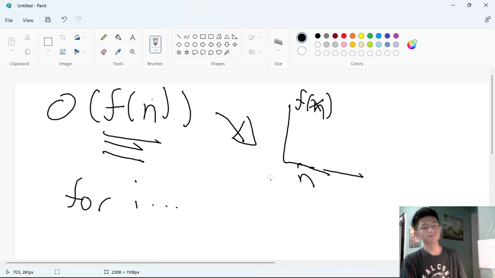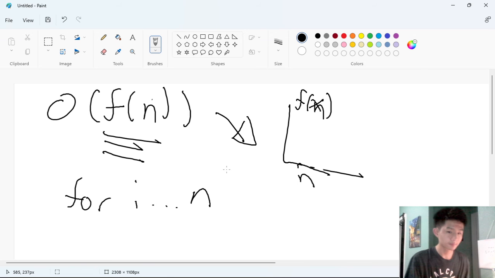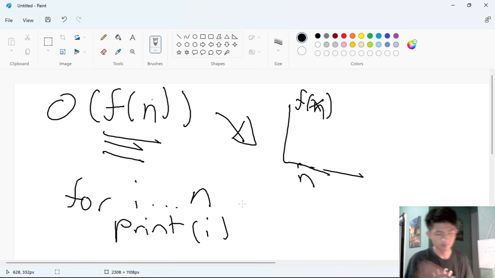And n is representative of a lot of things, but more commonly it's known as the size of an array. So if I had an array of size n, I can do a for loop through every single index in the array. And maybe I would print out, this is pseudocode, the index.